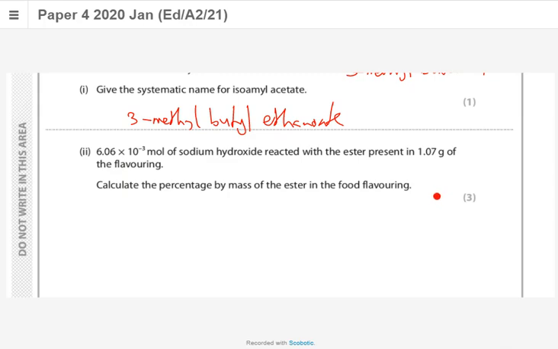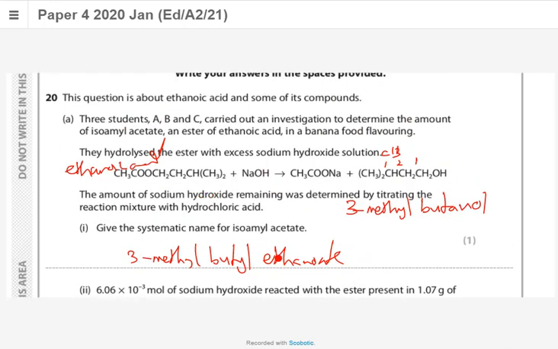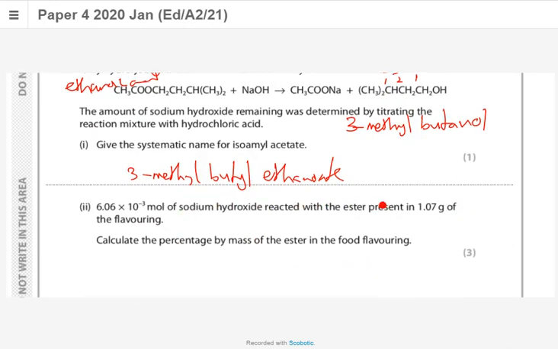6.06 times 10 to the power minus 3 moles of sodium hydroxide reacted with the ester present in 1.07 grams of the flavoring. Calculate the percentage by mass of the ester in the food flavoring. That means this is the moles of the ester as well.